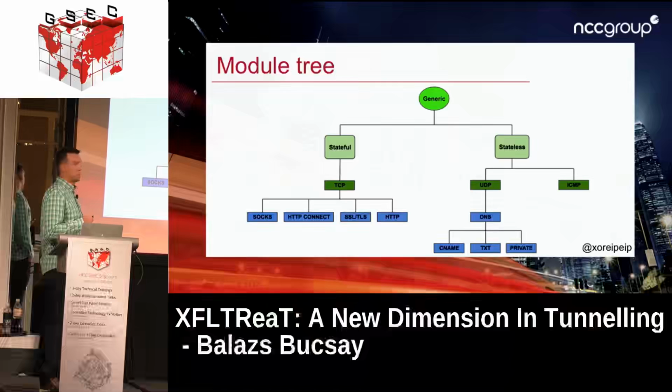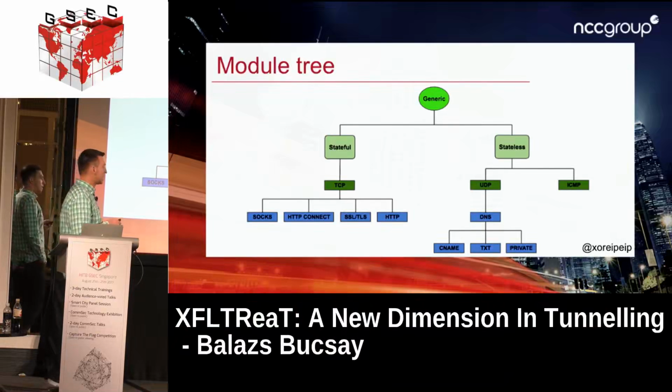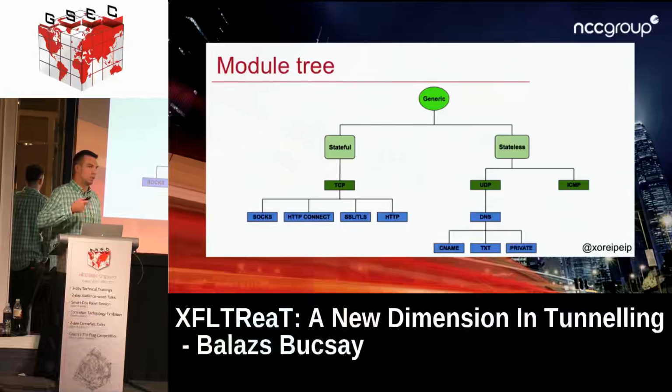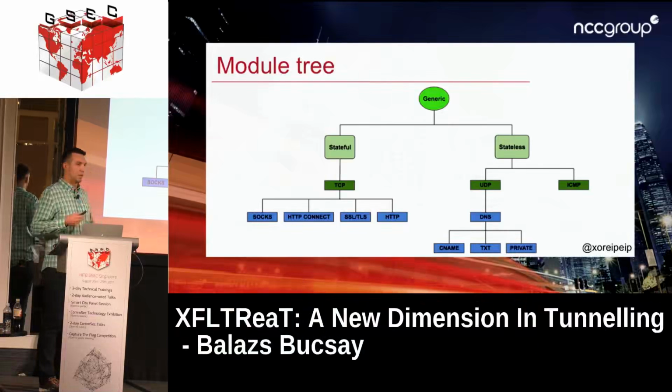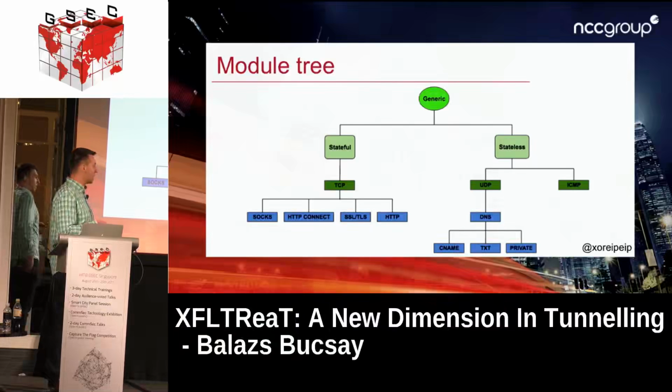For example, TCP is stateful, UDP and ICMP are stateless, and there is a split, and the stateful module has everything that the stateful modules like TCP have to have, like different functions and properties. What these modules are sharing is already implemented in the stateful module, and the same is true for the stateless ones.